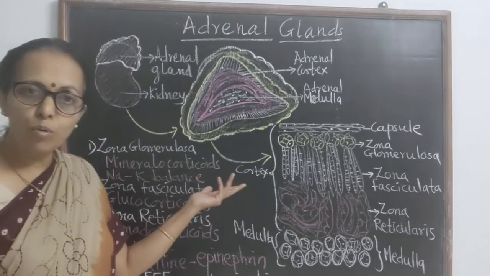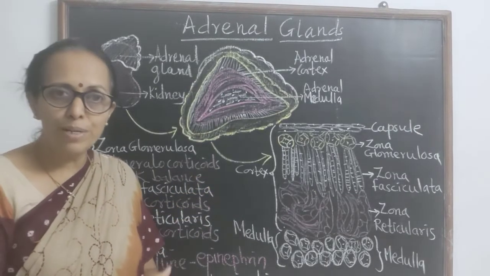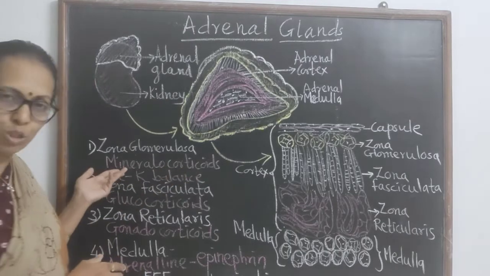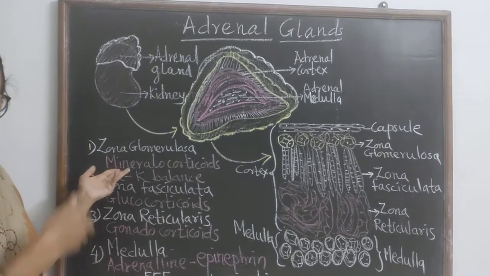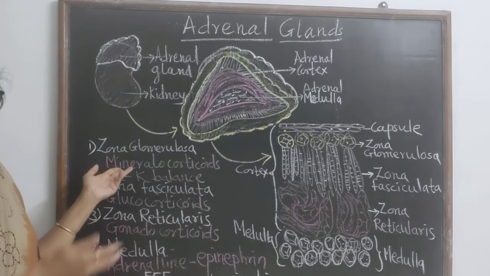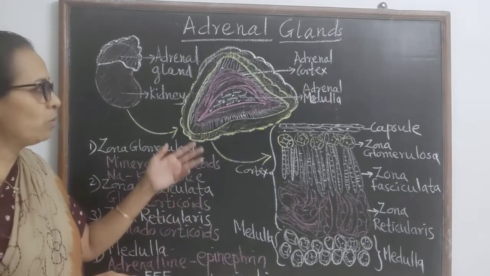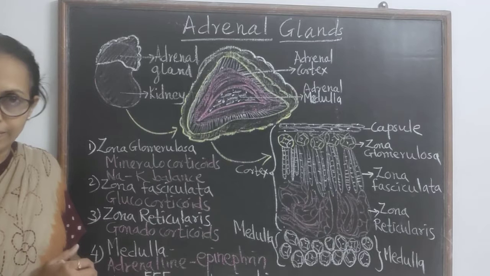They play an important role in maintaining the body fluids by preserving the sodium levels. In detail, we are going to see what the normal secretions are and what their abnormalities are.